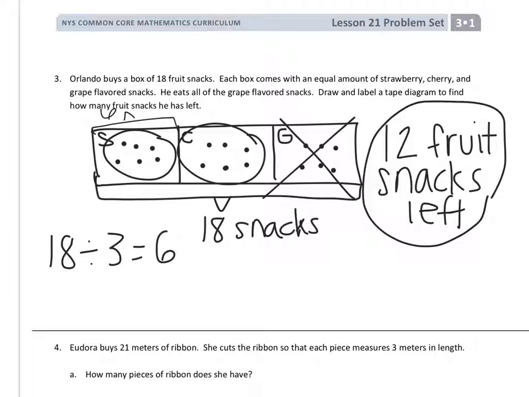After that, I had 18 fruit snacks, and I took away 6. 18 minus 6 equals 12. So that's how I got my answer.